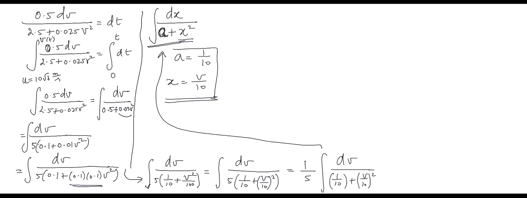I have not made any mistake anywhere, right? 2.5.5, 1 over 10. Yeah, that's okay. Let it be.